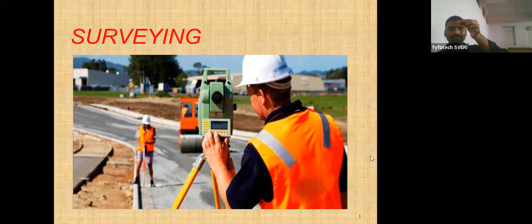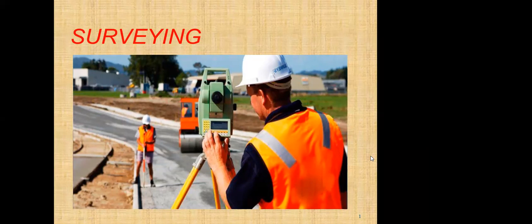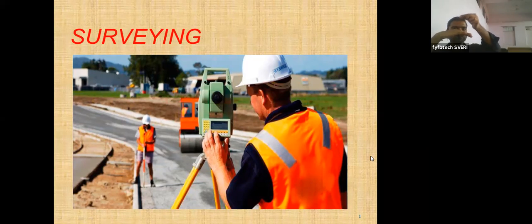Whenever there is a point, if you consider this the Earth surface, the point may be above the ground surface, on the ground, or below the ground surface. It is an art of studying the relative position of a point which is on, above, or below the surface of Earth by linear or angular measurements, or by direct or indirect measurements. That is called surveying.